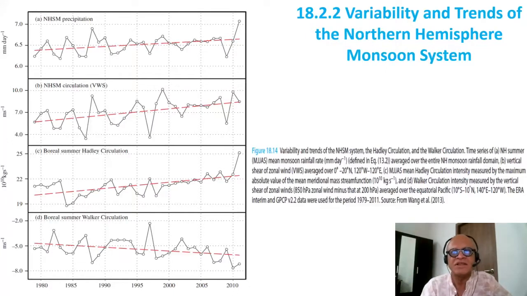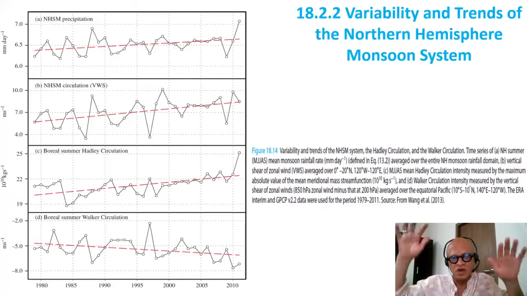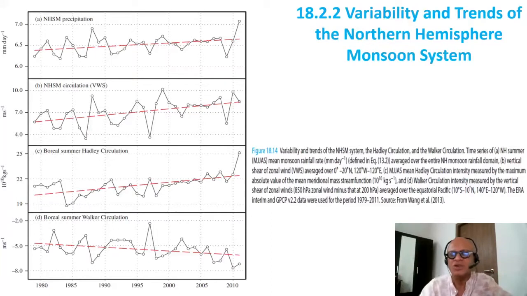That would mean the intensification of the entire circulation system, which is now moving us from the SST changes and warm pool changes to the column heating changes and convection change to the circulation change.